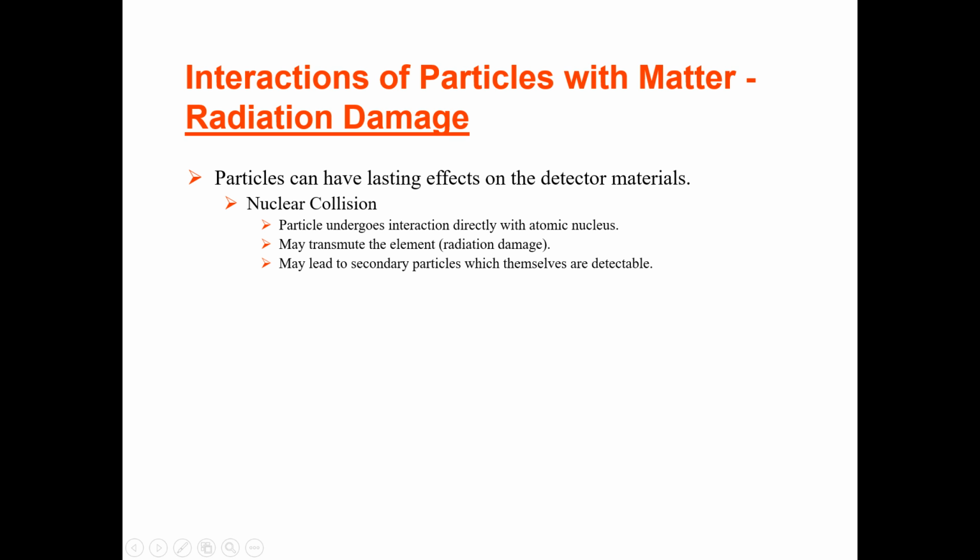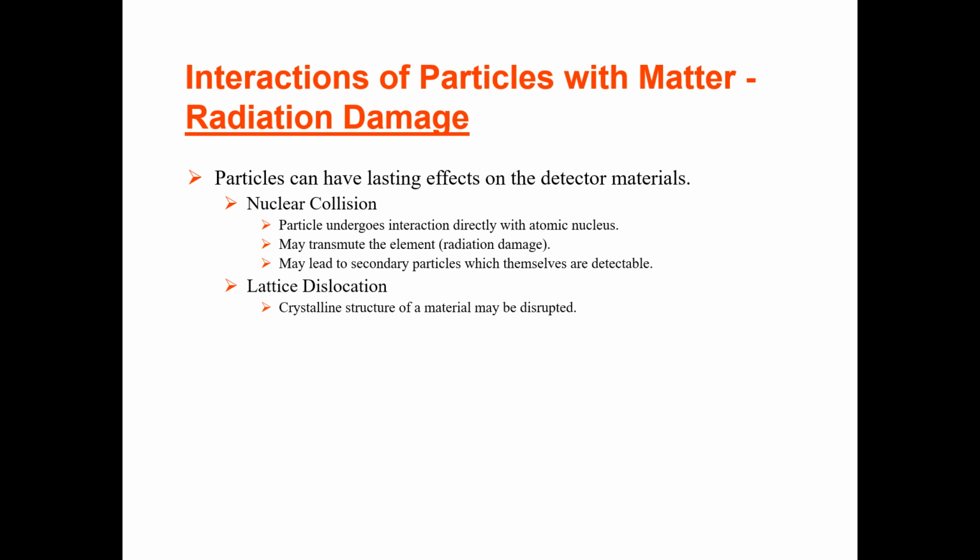That is the first possibility. The second possibility is that the particles may transmute the elements, that is, radiation damage. The third possibility is that during the nuclear collisions, it may lead to secondary particles which themselves are detectable. These are the three possibilities when we have nuclear collision.